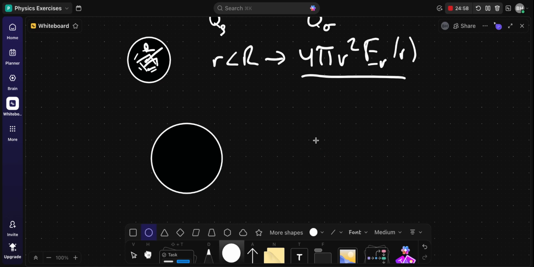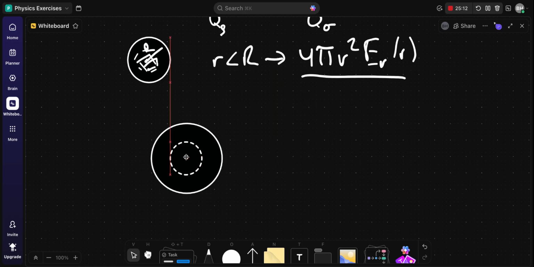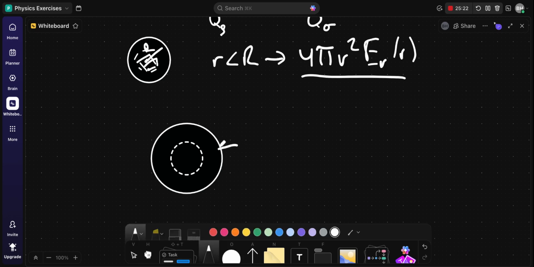Let's draw another circle here, but let's make it a dashed line and move it. Now you see that the surface charge density is all out here, so none of that is inside the Gaussian surface.